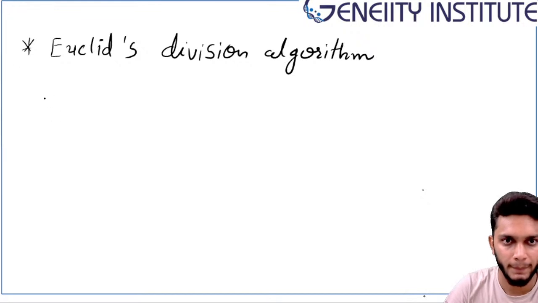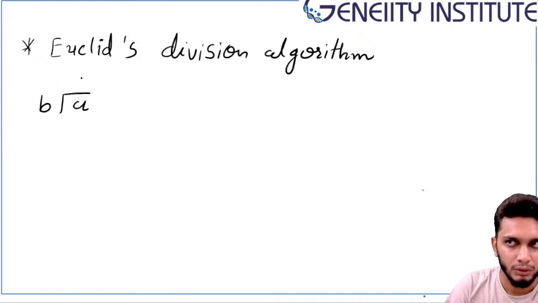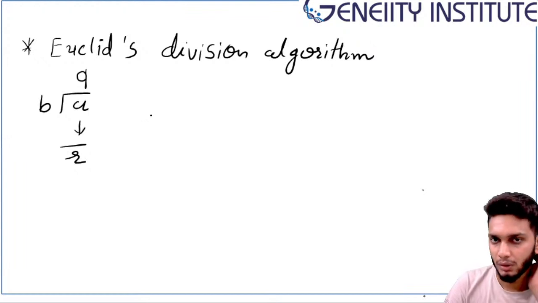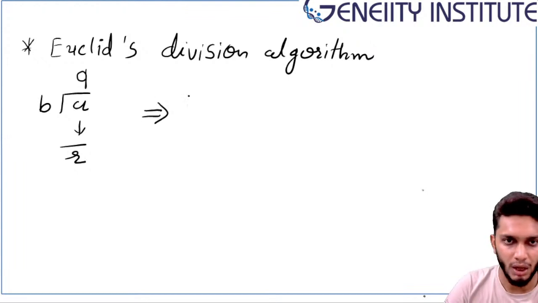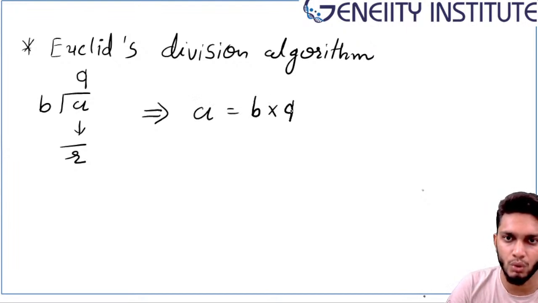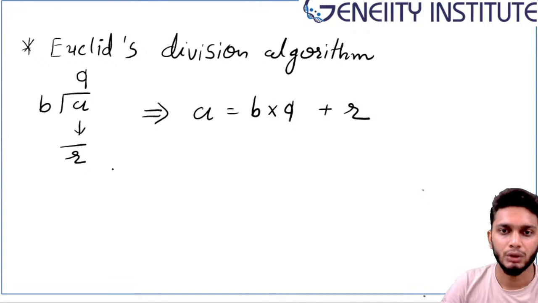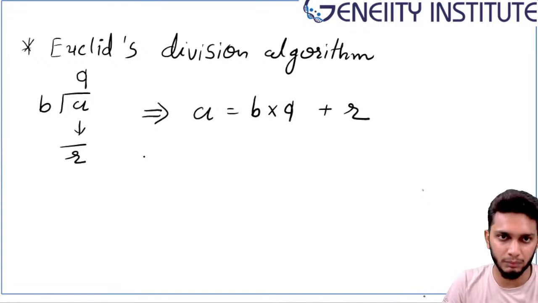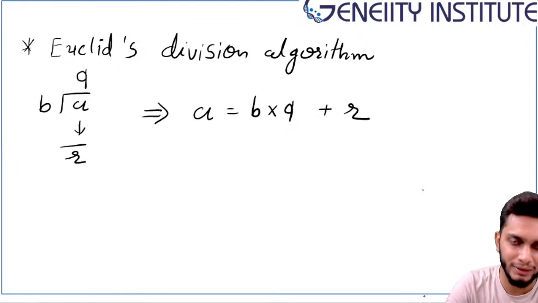When you divide A by B, then you get quotient Q and remainder R. So at that time you use this. How do we get A? A is equal to B into Q plus R. So it is your Euclid's division algorithm. When you divide some number by another, how do you write that?